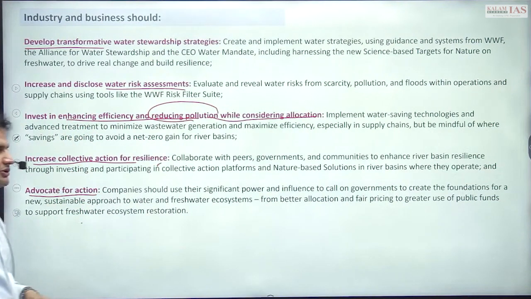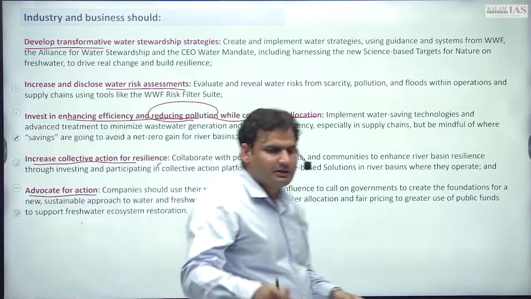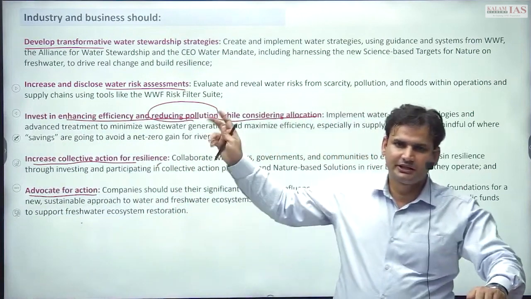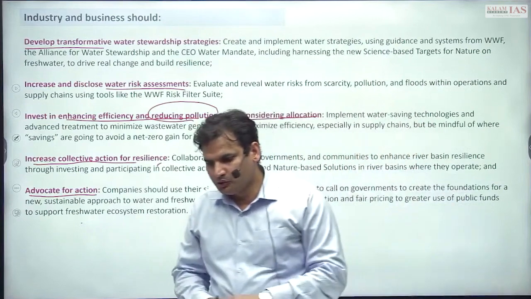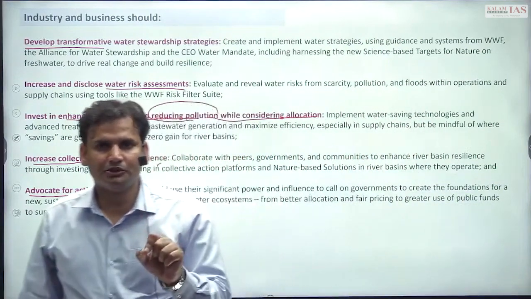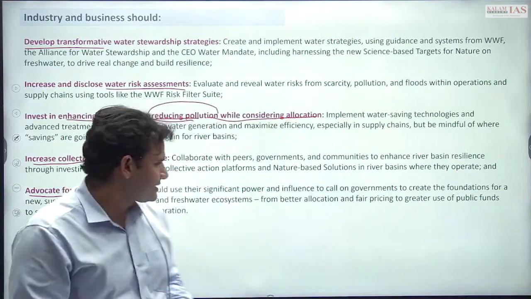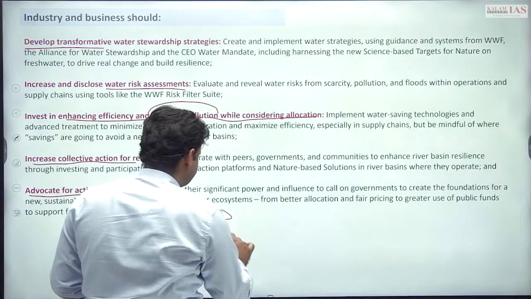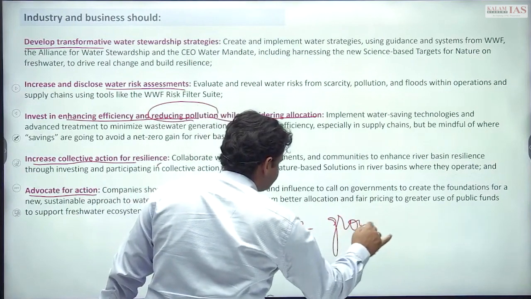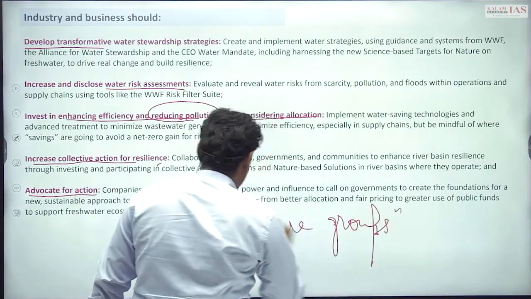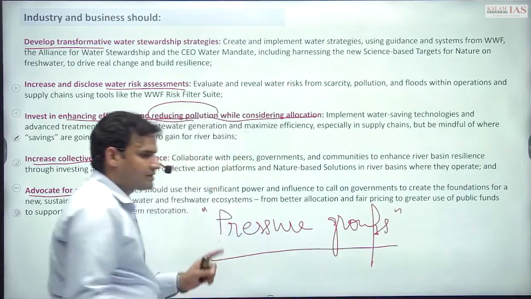Now you can link different subjects. Now this is a topic which is related to environment, ecology, geography, but you can also use it in GS paper 2 governance, because there is a term by the name of pressure groups, right?